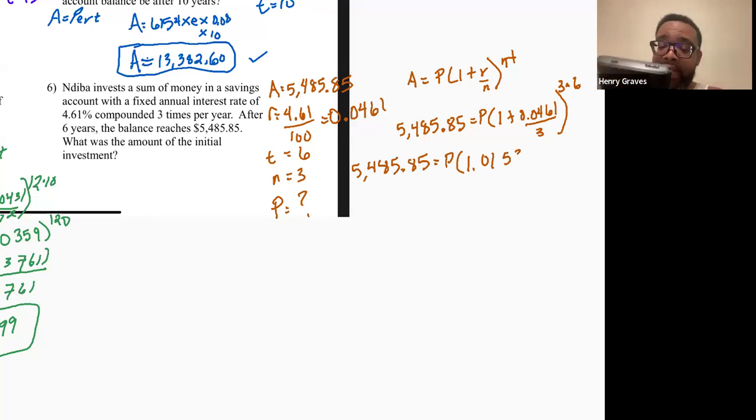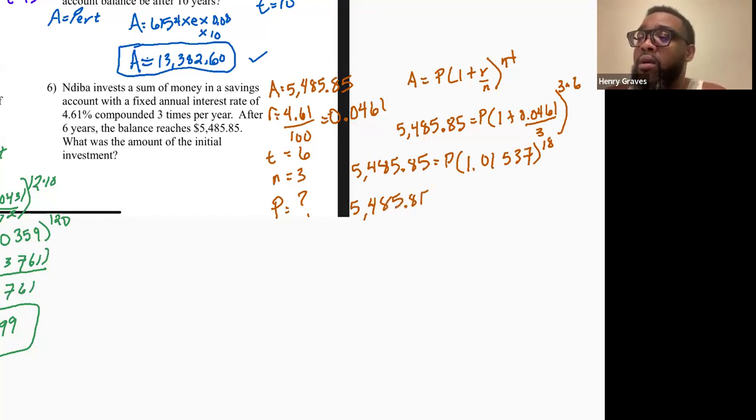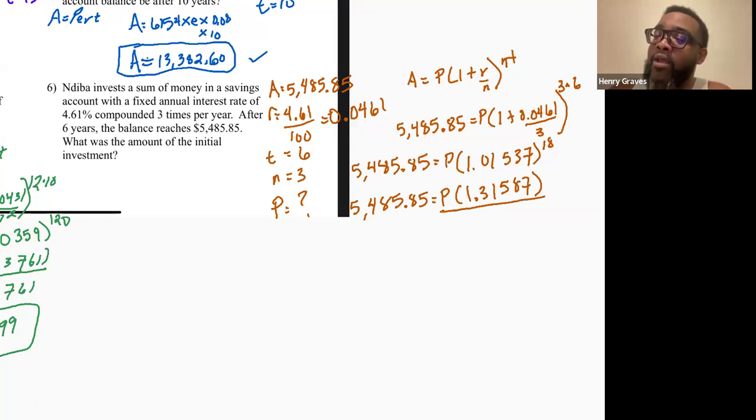If I raise that up to the 18th power, I'm going to have 5,485.85 equals P times 1.31587. Now I want to divide both sides by 1.31587 to find my P.